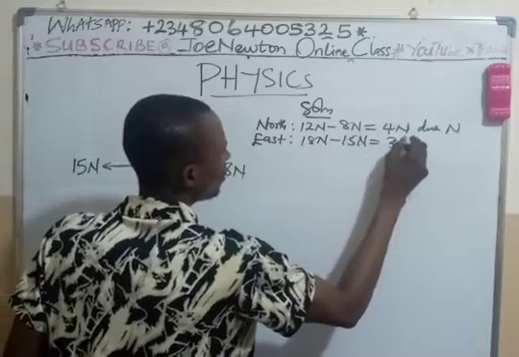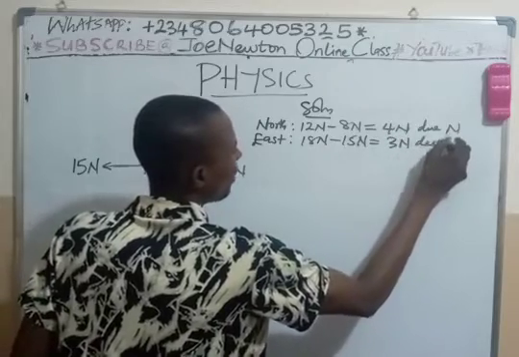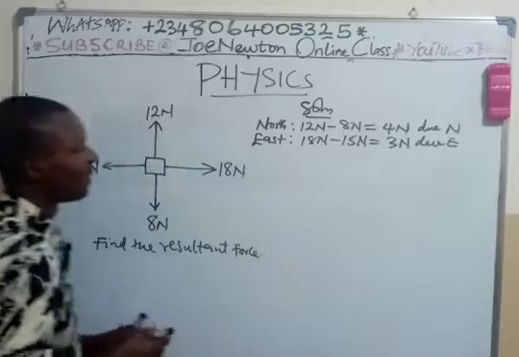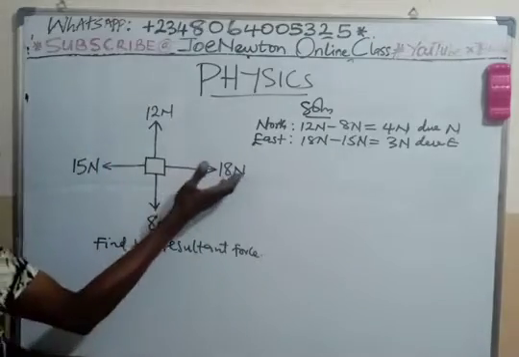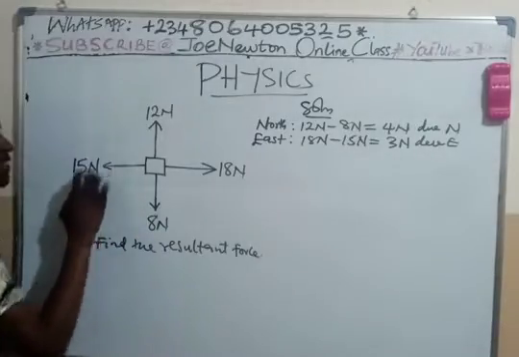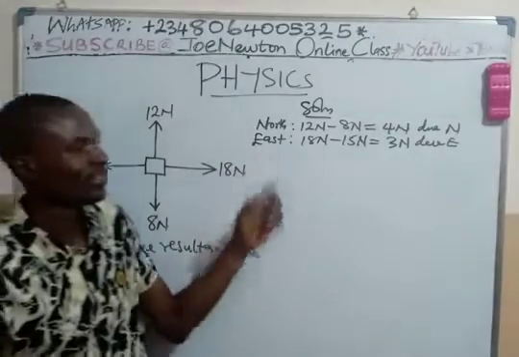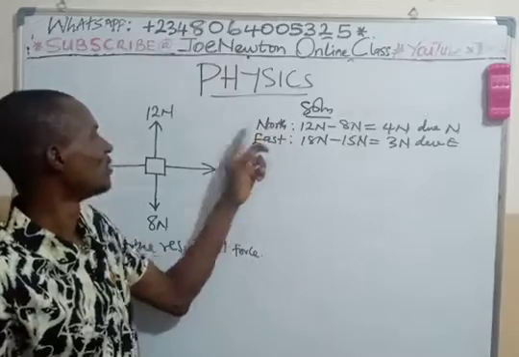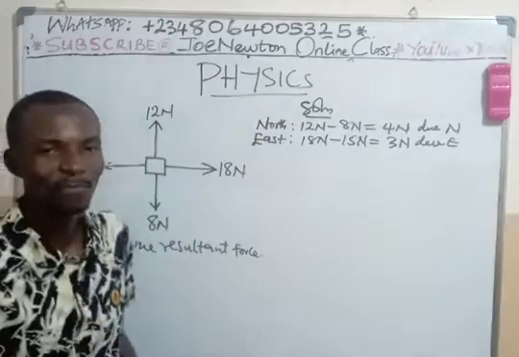That will give us 3 Newton due east. The reason is that the force in the eastern direction is greater in magnitude than the force in the western direction. That's why we write east here, and this is why we write north here. This north is more effective than this.